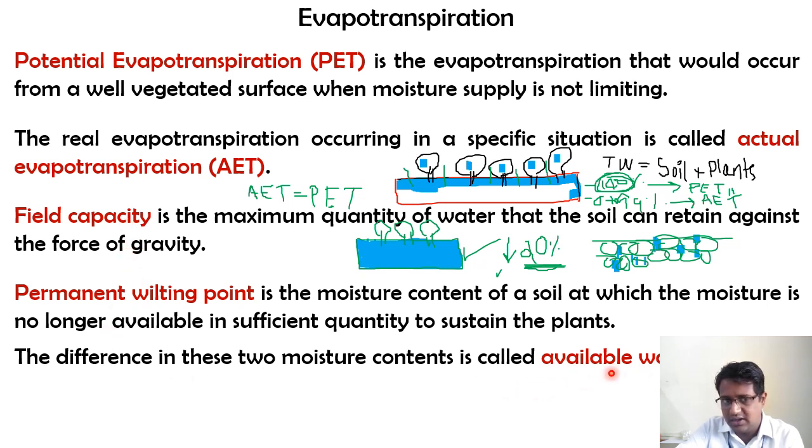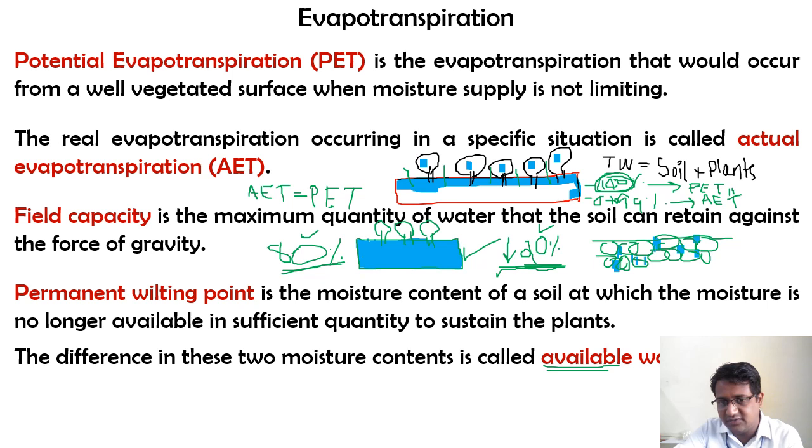What does that mean? Just for the sake of simplicity, imagine that one soil has a field capacity at a moisture content of 80% and the permanent wilting point is 20%. Then what will be the available water at that point?